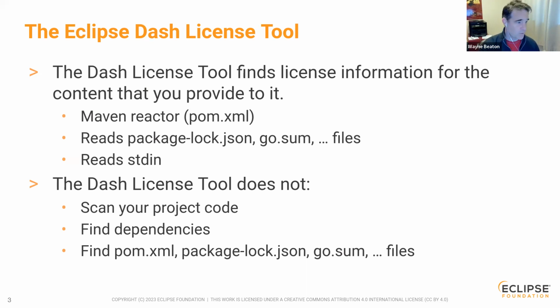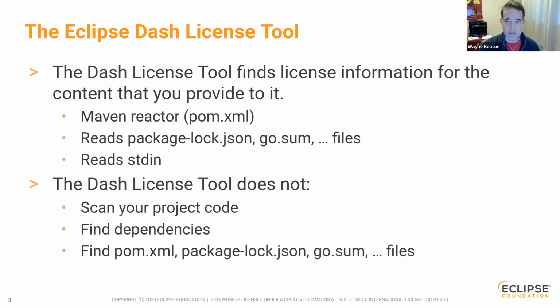It's worth noting too, the Dash license tool works best with technologies that have some notion of a package manager. I'll state this again later. This works great for technologies like NPM and Maven and Cargo, and those are all wonderful.